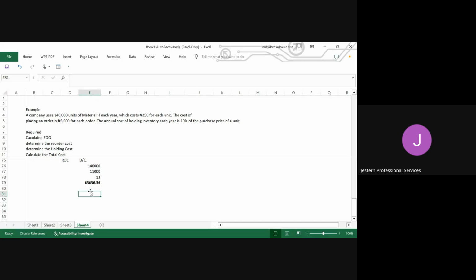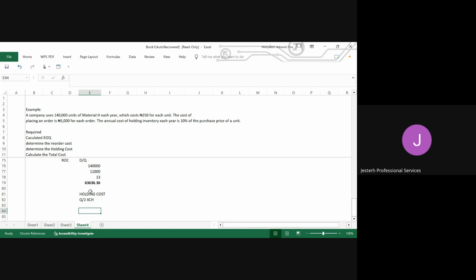Now, we have come up with our reorder level cost. Now, how much is going to be our holding cost? Remember, our holding cost formula is Q divided by 2 multiplied by CH.